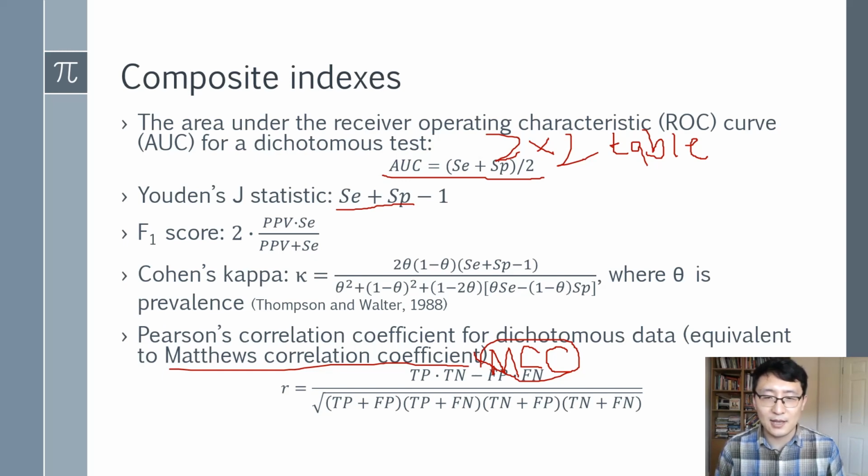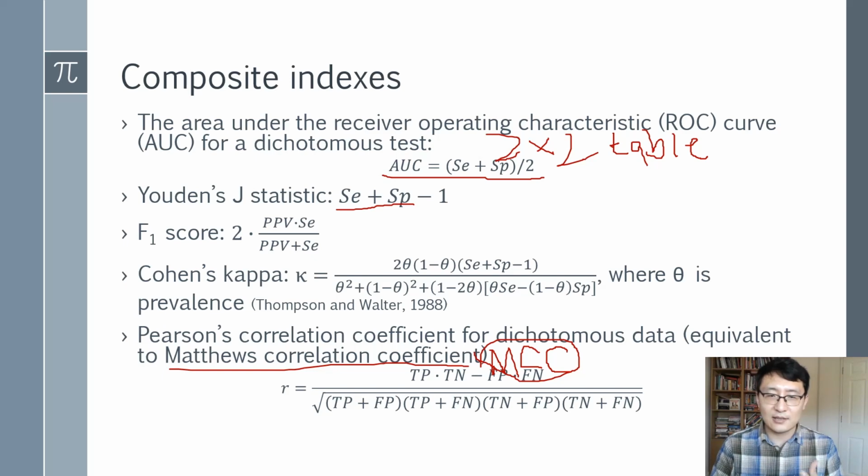The point is that MCC can also be expressed as a combination of the elements in the fundamental table I showed you in the first few slides: true positive, true negative, false positive, false negative.